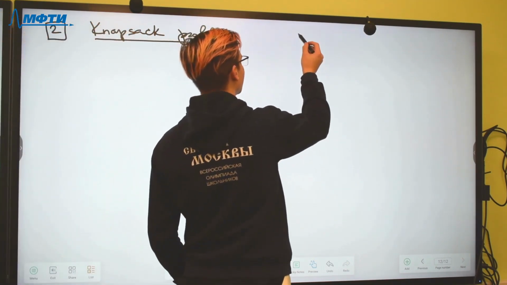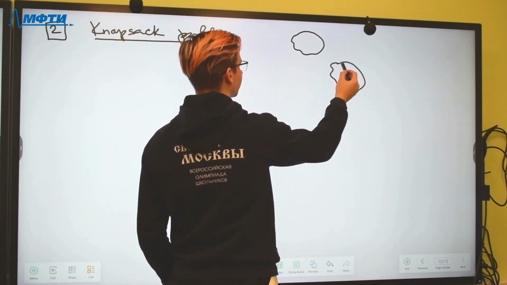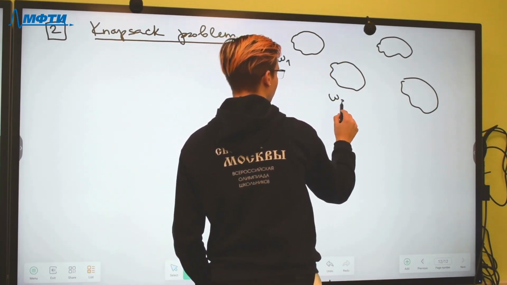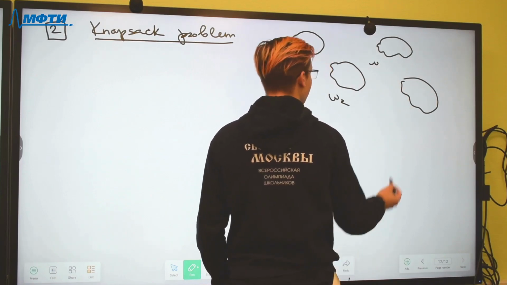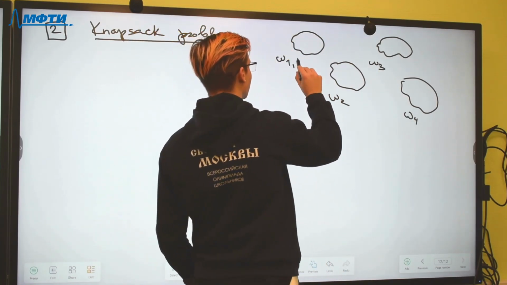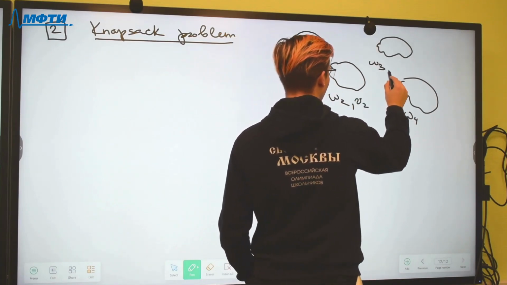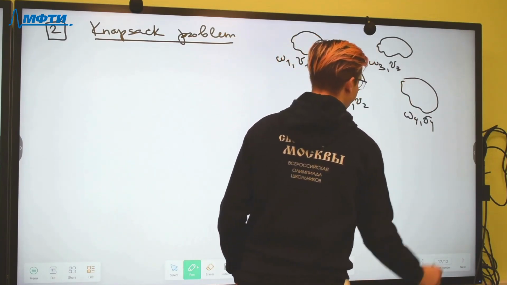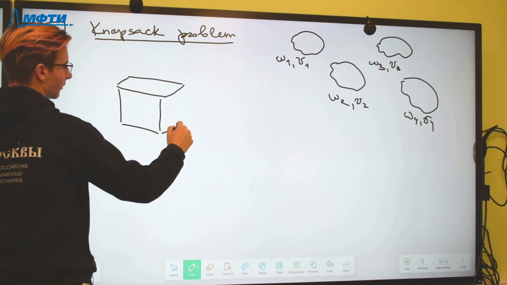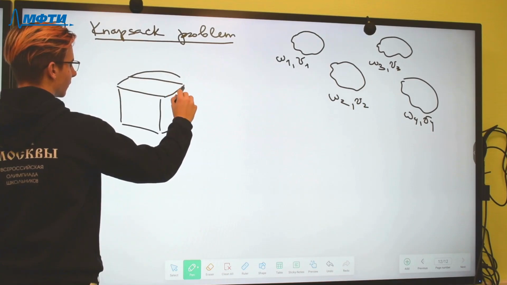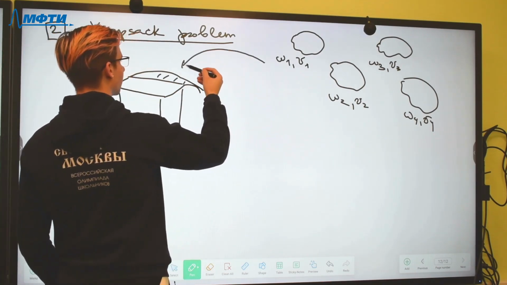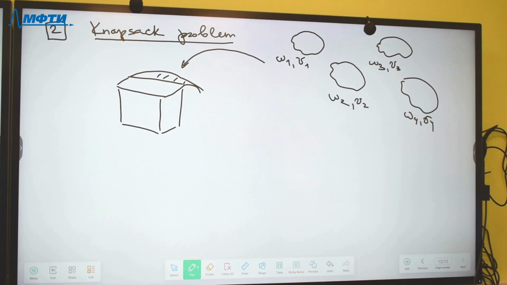For example, if you have some stones with weights and values, and you have a backpack, and you want to add these stones into your backpack.